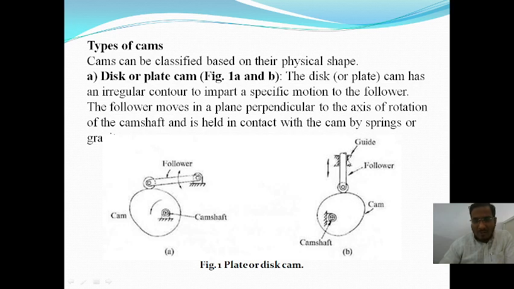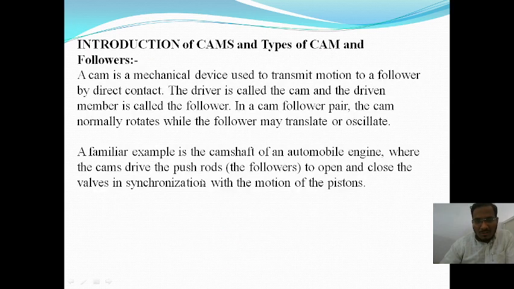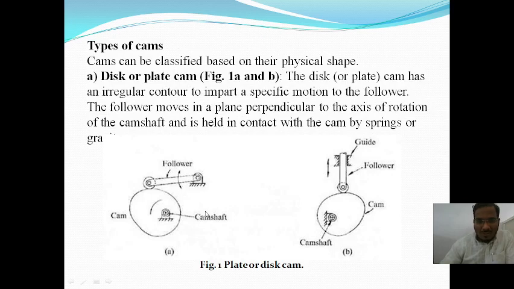So what you notice here, in the disc or plate cam, is that one of the motions of the follower is in the horizontal direction, and one of the motions of the follower is in the vertical direction. So this is the displayed cam rotation.